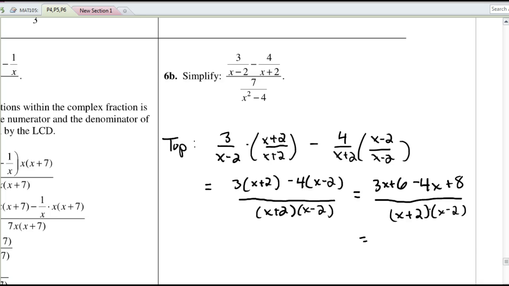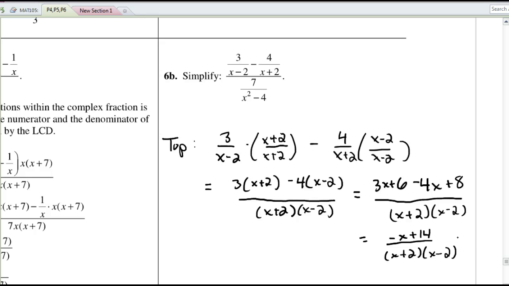So we end up with what? Minus x plus 14 on top. So nothing too fancy there, I don't think. Let me just double check my work because sometimes I make mistakes too. 3x plus 6, negative 4x plus 8. It looks good to me.